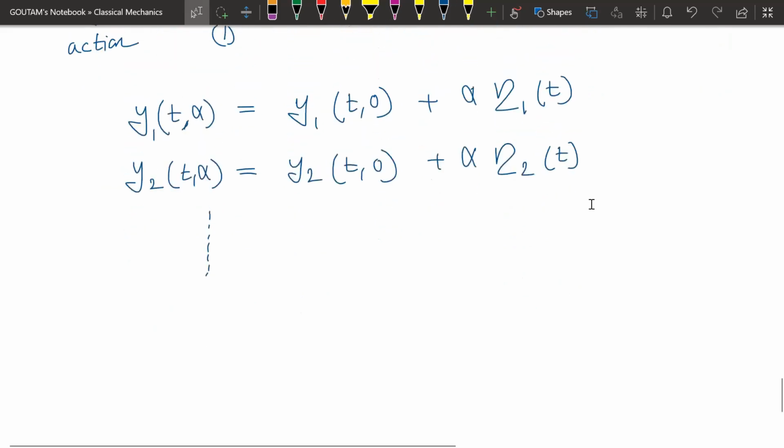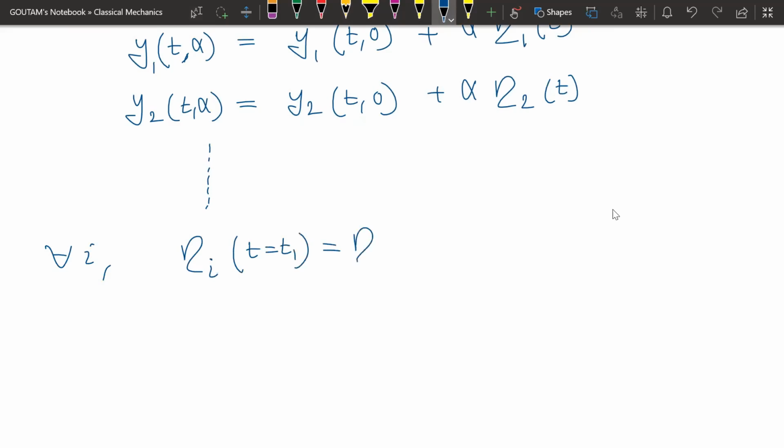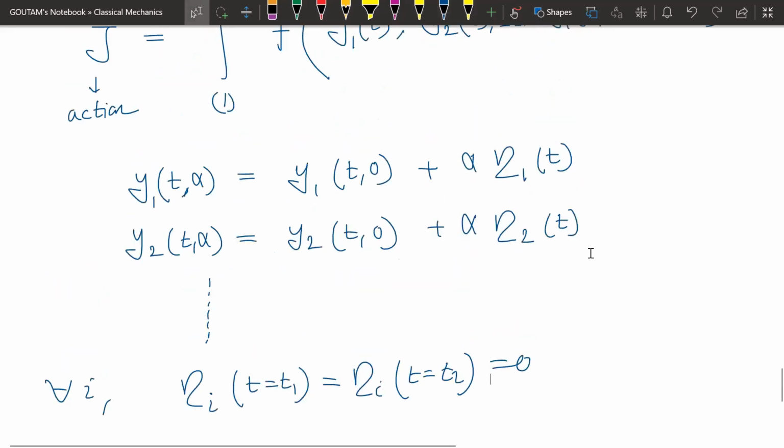Now for all i, eta i at t equal to t1 and at t equal to t2 will be 0, because at the starting point and at the ending point, all the paths will meet.